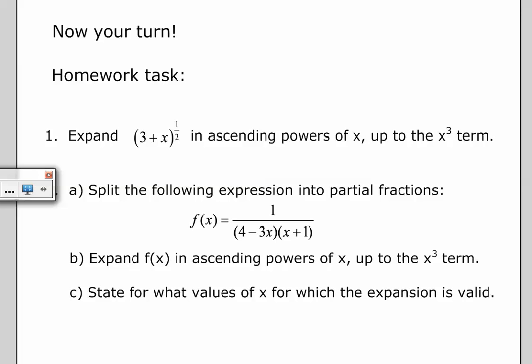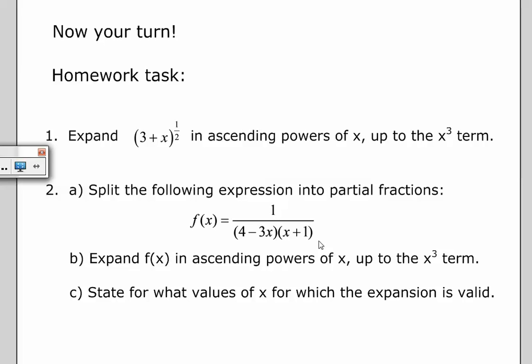So now it's your turn to have a go at some examples, and for homework I'd like you to expand this expression here, 3 plus x to the power a half, in ascending powers of x up to x cubed. And in question 2, slightly more tricky, but I'd like you to have a go at splitting this expression into partial fractions.